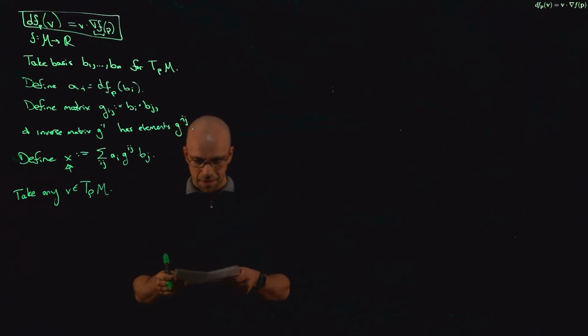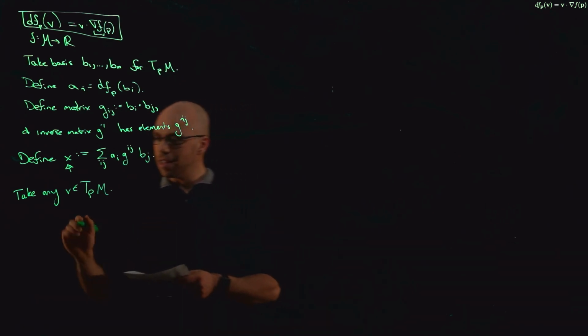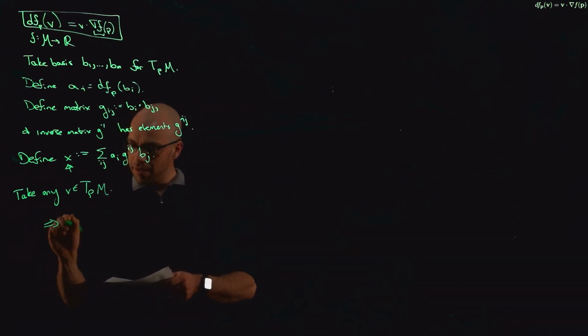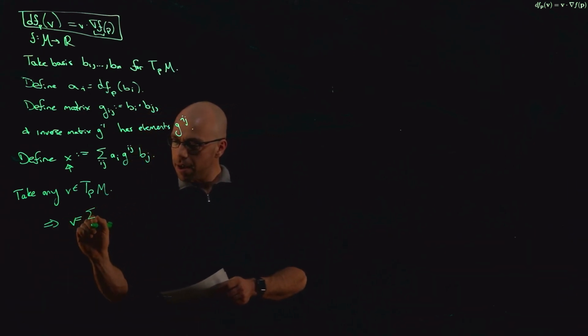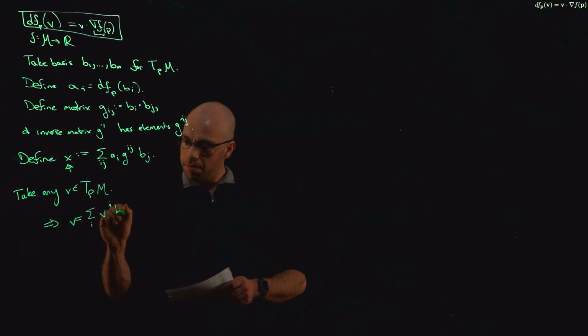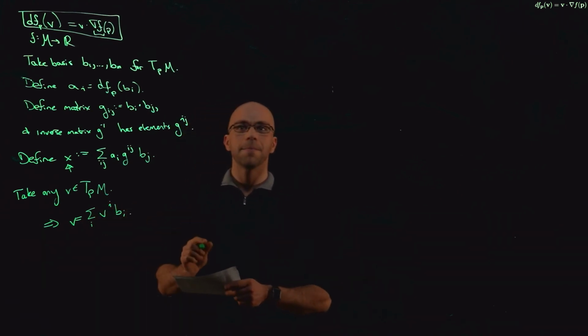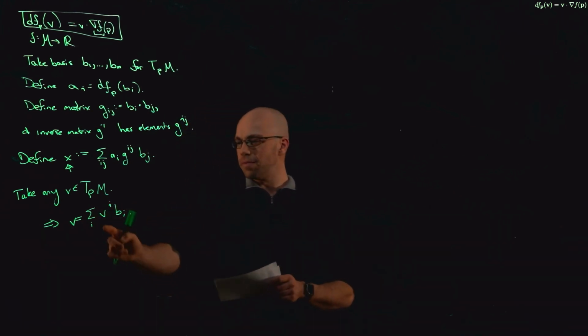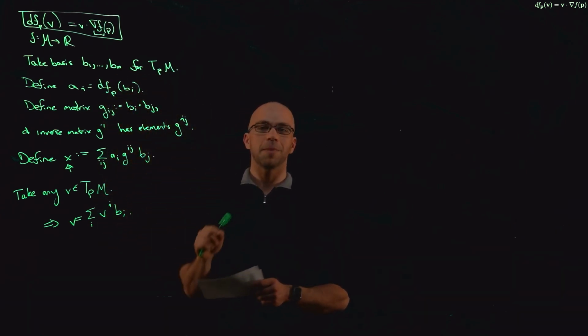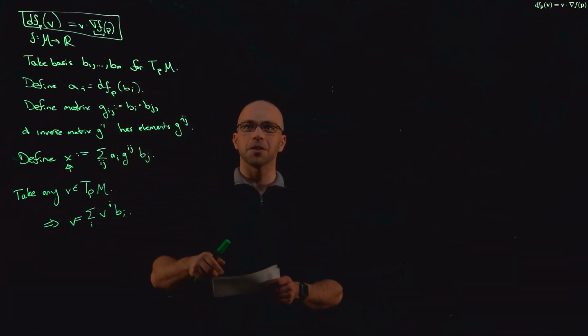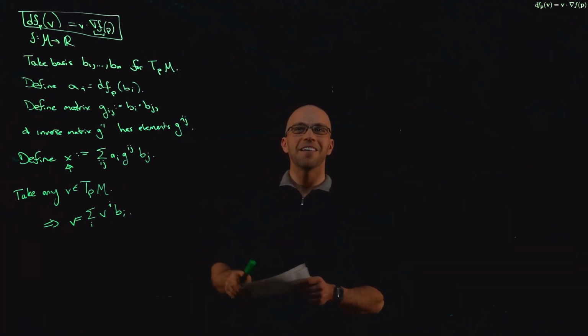Okay, so we're going to write v in the same basis as everything else. So we can write v is equal to the sum over i of v upper i b_i, like that. This is just saying that I'm going to write v in the basis b for the tangent space, which I can do because v is a tangent vector. Okay, so now this is all our setup.